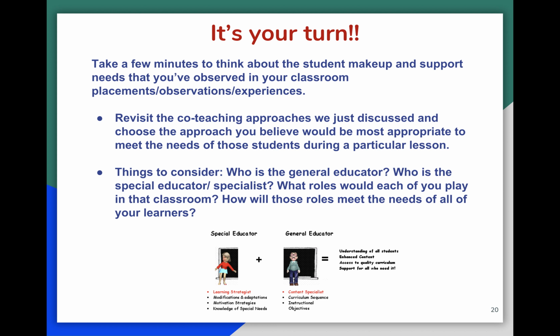And then I want you to revisit the co-teaching approaches we just discussed, and then choose the approach you believe would be most appropriate to meet the needs of those students during a particular lesson. Okay, so think about who might be the general educator, who would be the special educator, what roles each of you would play in that classroom, and how those roles will meet the needs of all of your learners.